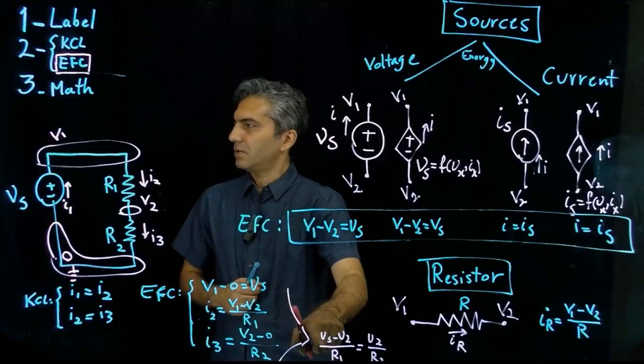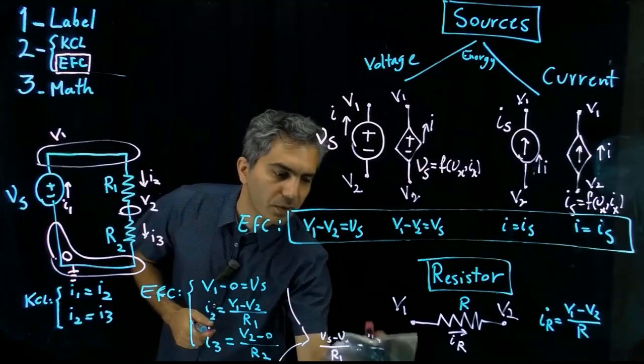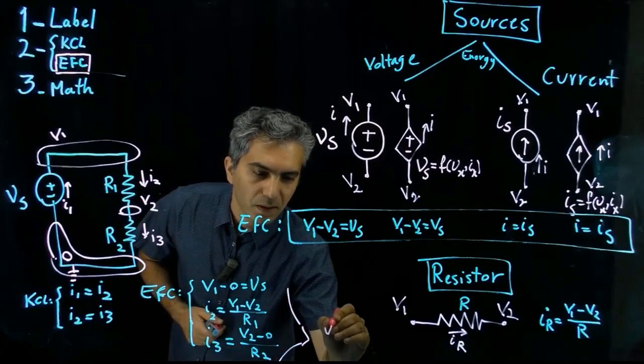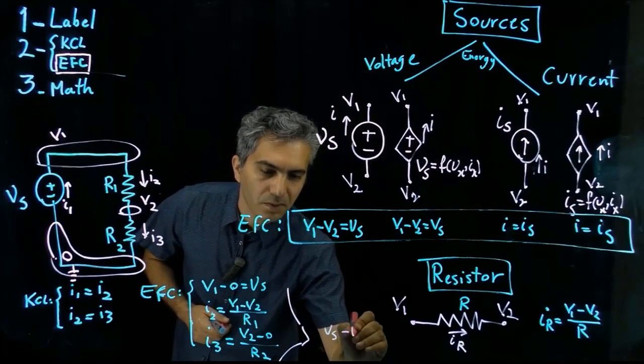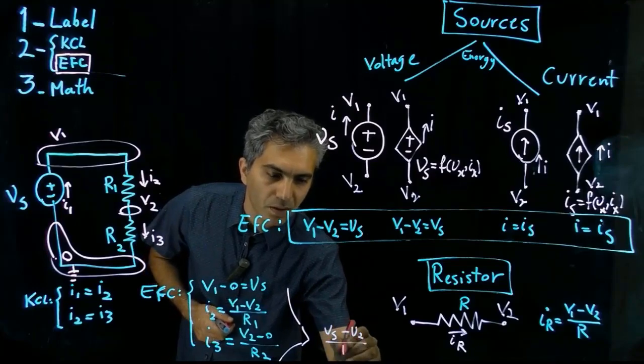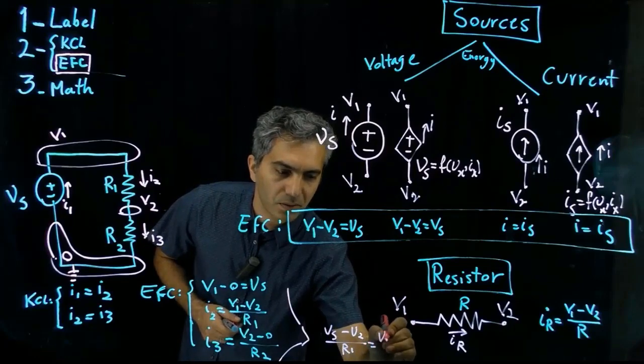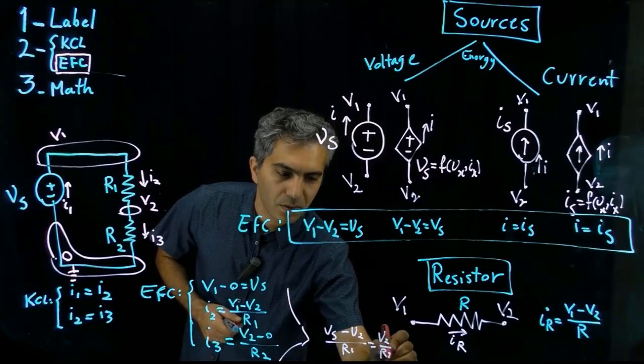Vs is a known value. We have to repeat this. Vs minus V2 divided by R1 is equal to V2 divided by R2.